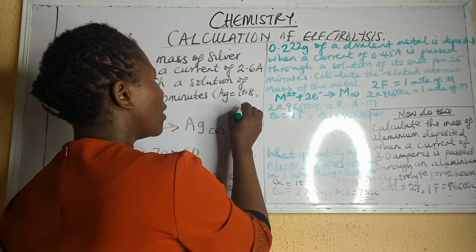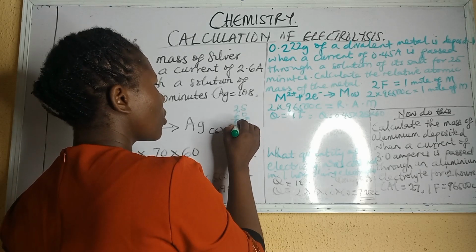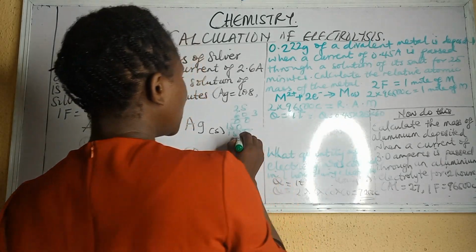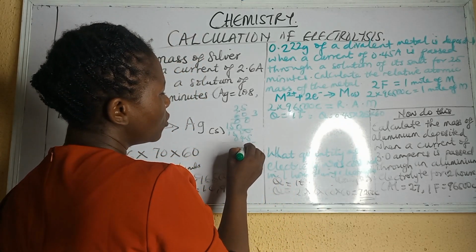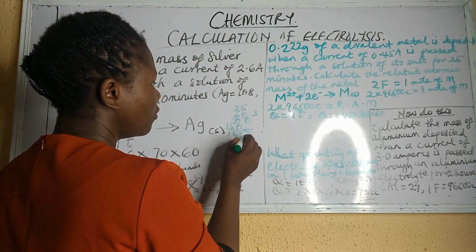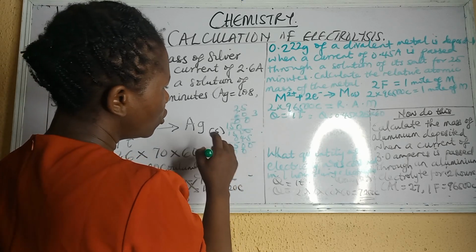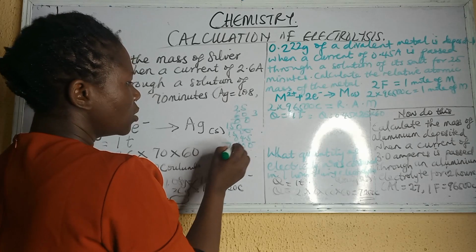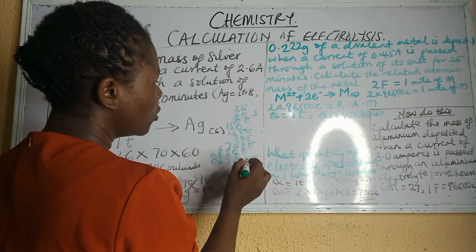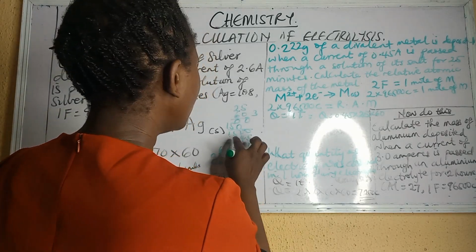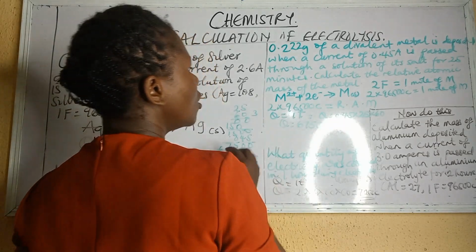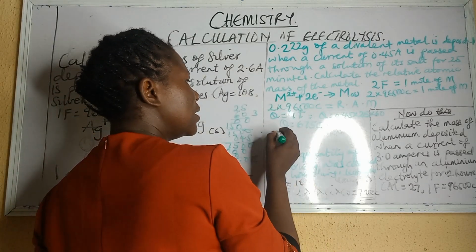Let's work that out. 25 multiplied by 60 is 1,500, multiplied by 0.45. So Q equals 675 coulombs.